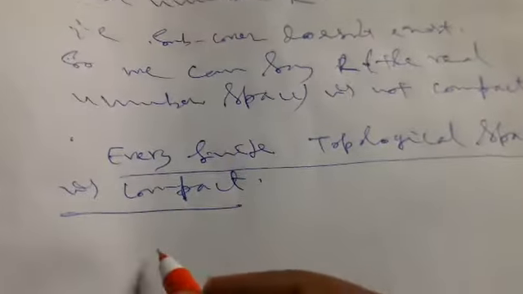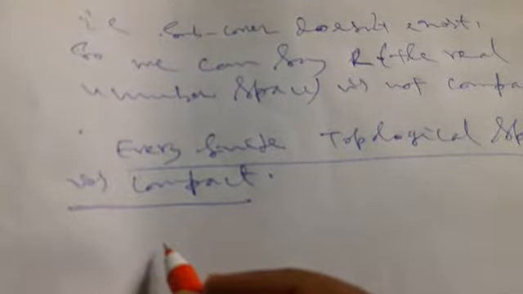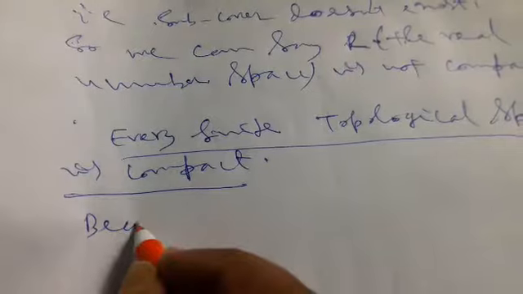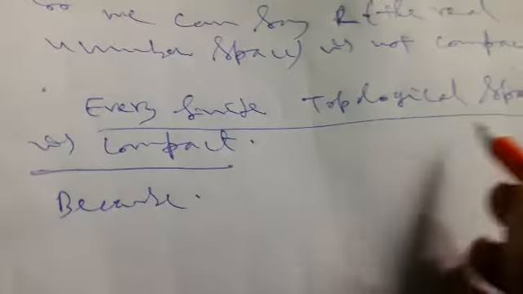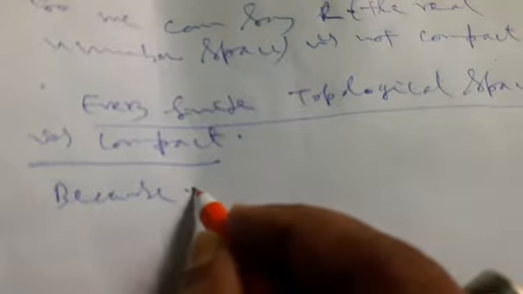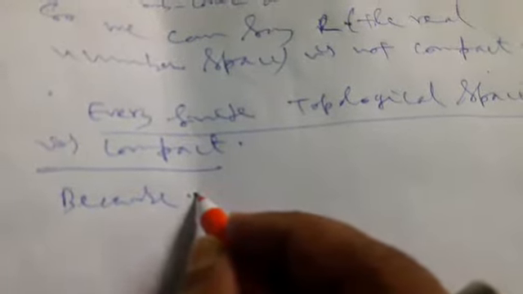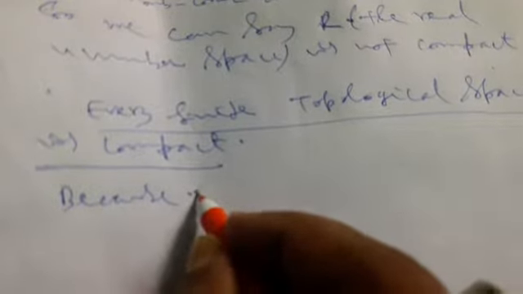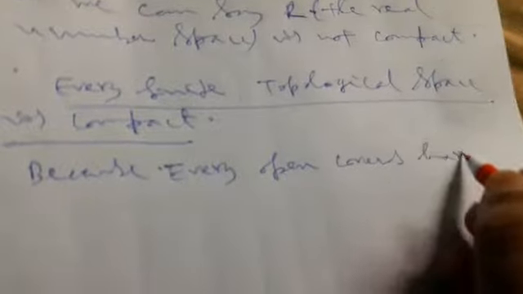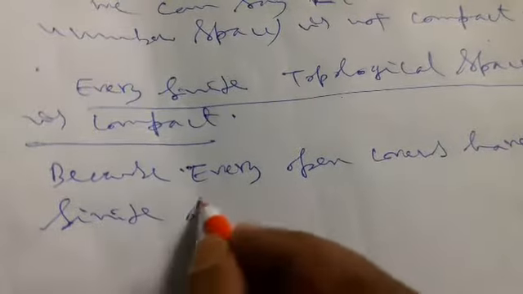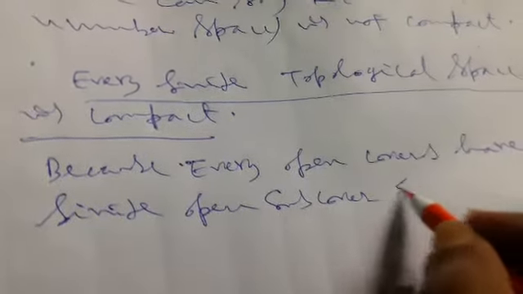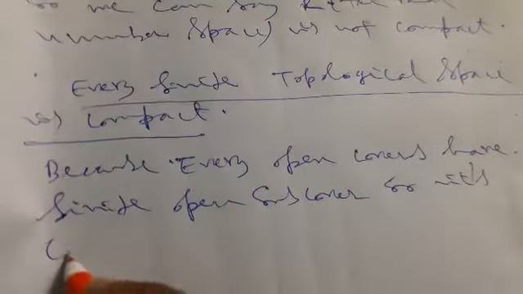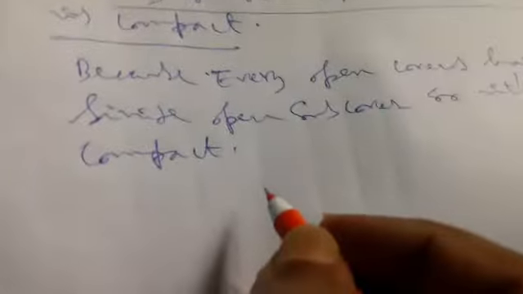This is because in a finite topological space every open cover has a finite open subcover, so it is compact. And there are many more examples of compactness.